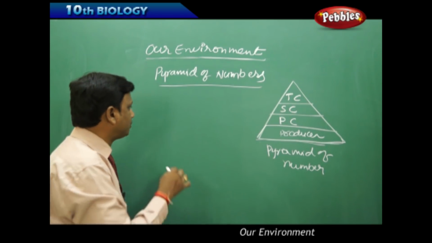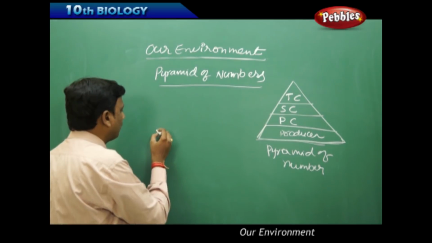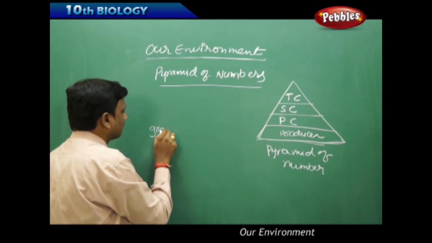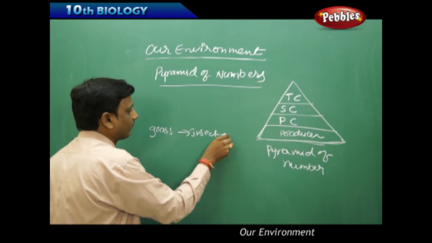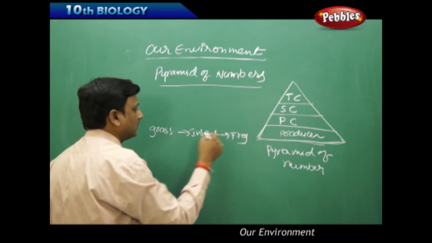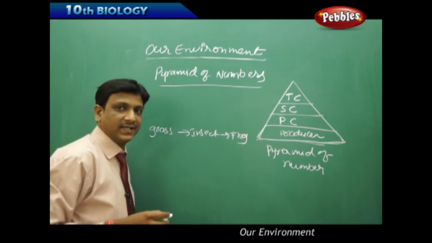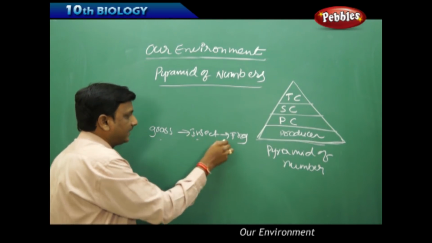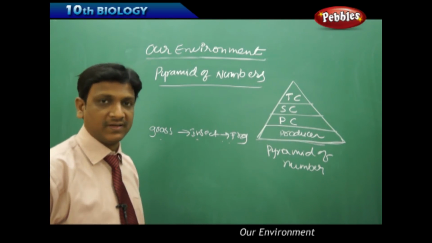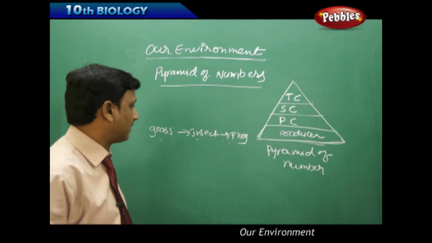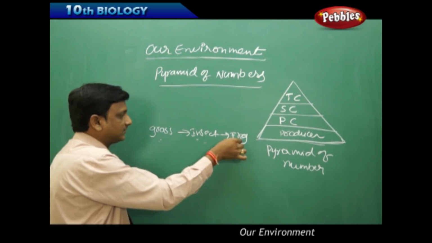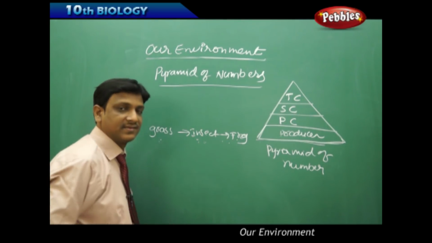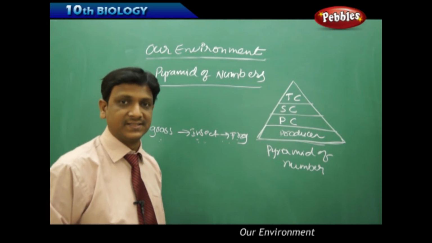If you look at a food chain, say grass, insect, frog, as you go higher in the trophic levels, the number of insects compared to the grass is less. The number of frogs compared to the number of insects is less. So the number is always decreasing.